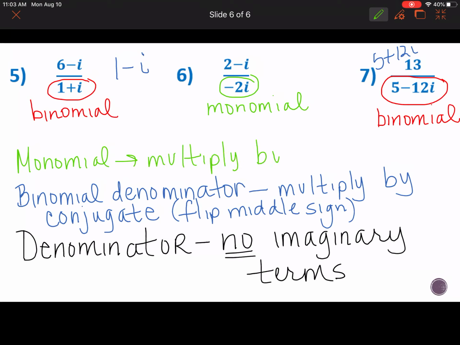So the first thing you want to do when approached with a division question is determine what kind of term you have in your denominator. Is it a binomial or is it a monomial? Now that we have that background, let's get started. Remember, you can pause the video, rewind the video at any time.